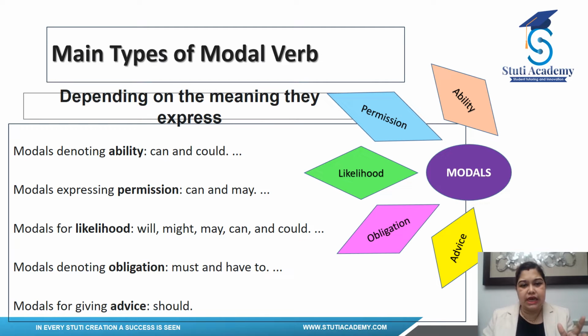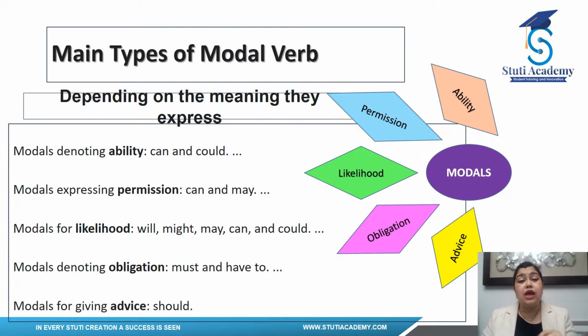Now there are different types of modal verbs and they express different meanings. They denote ability, or say capability, with words like can or could. Then expressing permission, like again can or may. Likelihood, words like will, might, may, can, would, these express likelihood.